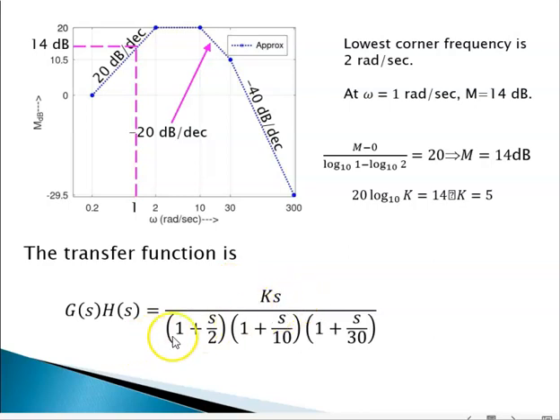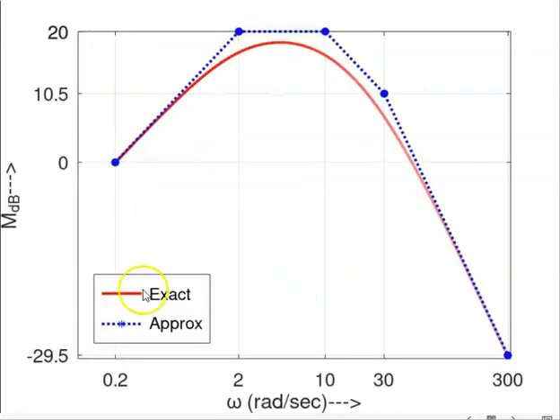So 5s over all these terms is the transfer function. Just to be sure, we will calculate the frequency response and show it, and you can see that it very nicely fits, except for 3 dB here, 3 dB here, and maybe a couple of dB here. The fit is amazingly accurate.